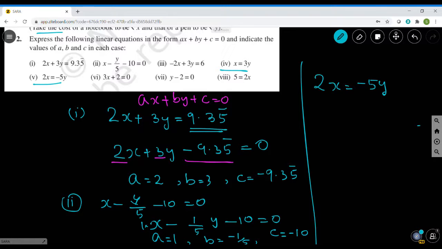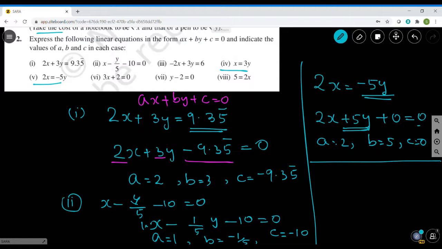When you change minus 5y to this side, 2x plus 5y, there is no c term, so you can add 0 equal to 0. Here a is equal to 2, b is equal to 5 and c equal to 0. Negative terms, when we are transposing to the LHS, become positive. Minus 5y, when we transpose, becomes plus 5y. Over.